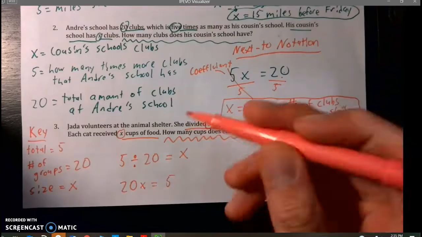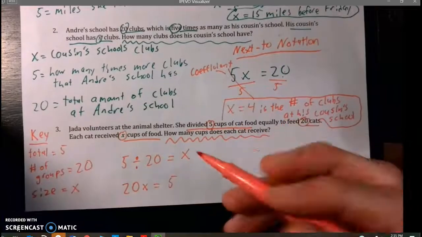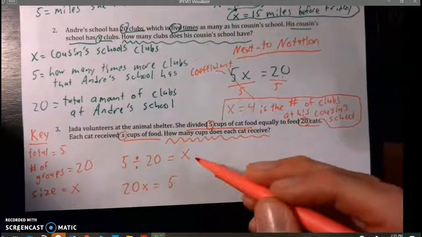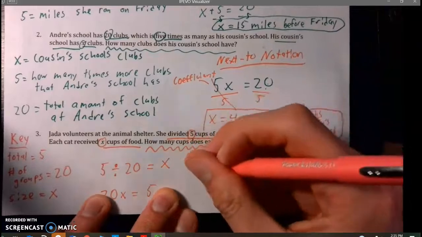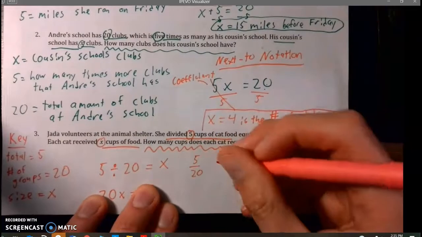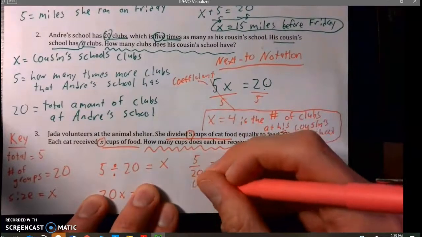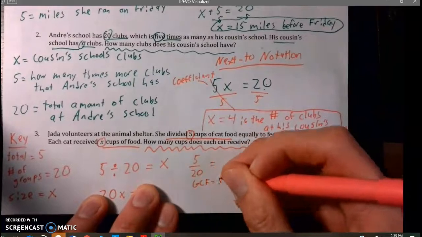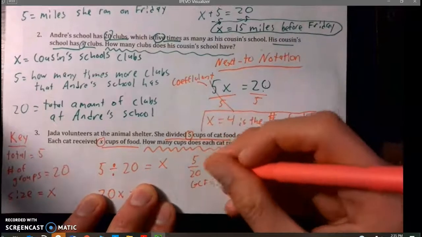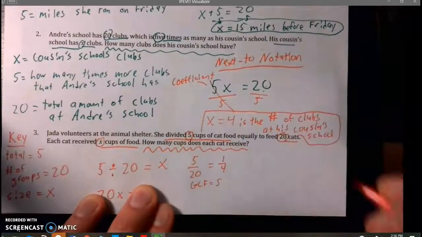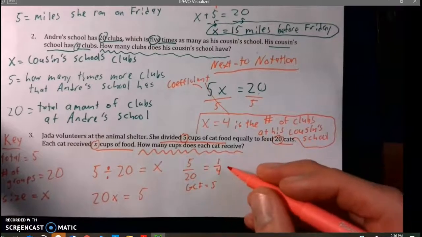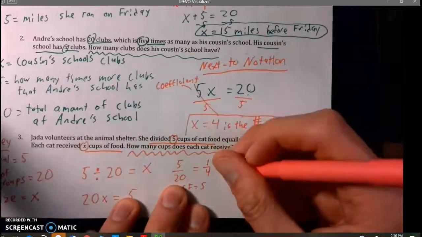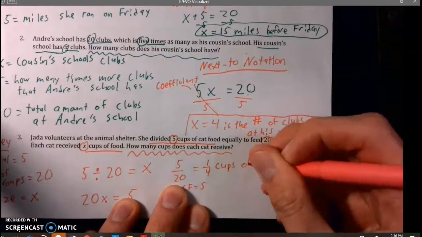So let's solve to make sure that they both work. 5 divided by 20 equals x. I can rewrite 5 divided by 20 as a fraction. The GCF here, the greatest common factor, is 5. So 5 over 20 is actually the same thing as just 1/4. That would mean that each cat received 1/4 cup of food.